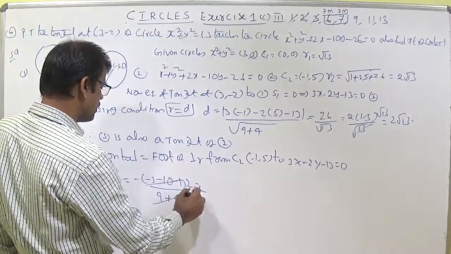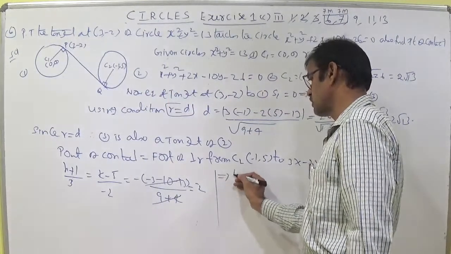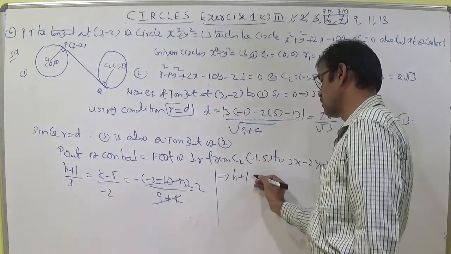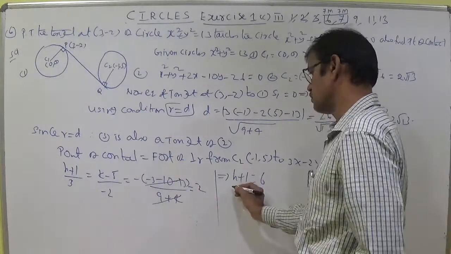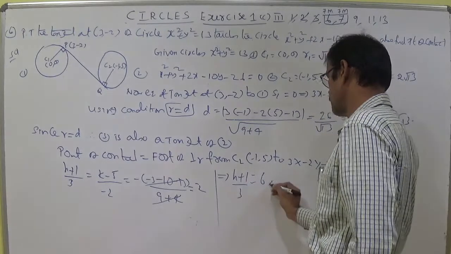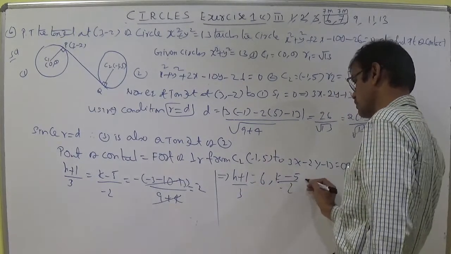It will be dividing, 2 times. That implies, I am writing here, h plus 1 by 3 is equal to 2, and k minus 5 by minus 2 is equal to 2.